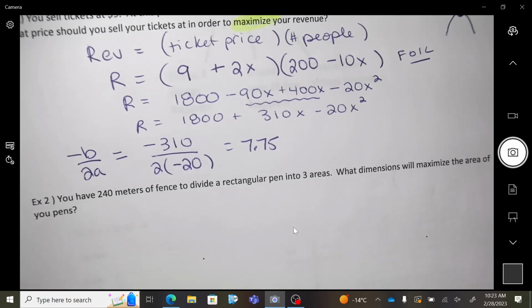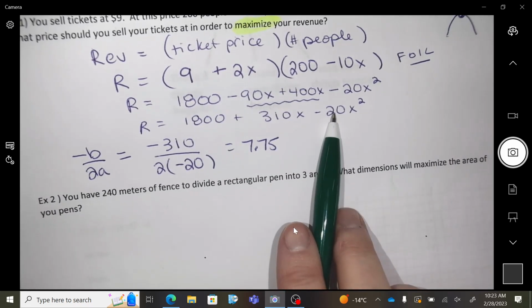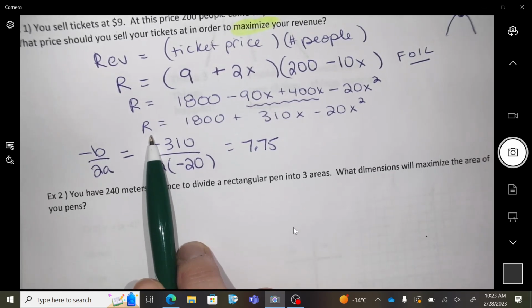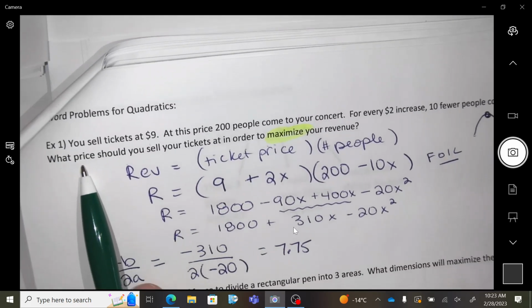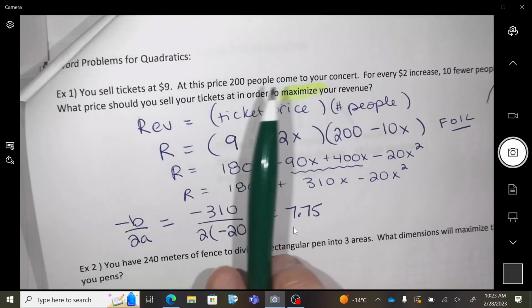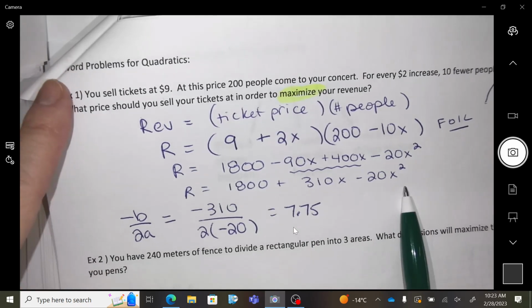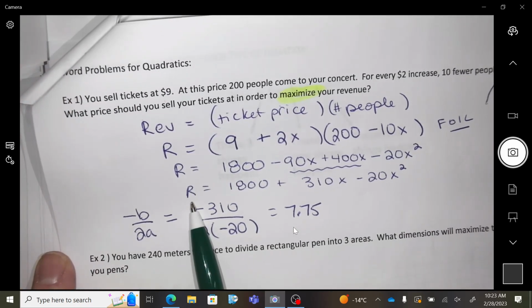Okay, I'm actually not going to plug it in, and that's what we normally do, but we're not. Here's why. If I plug it in to the equation, what is the output? Revenue. But the question doesn't say what's the max revenue, it says what's the ticket price. So if I plug it into this, I would get a number that represents the revenue.